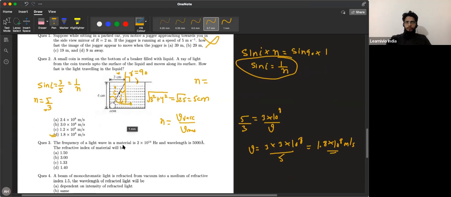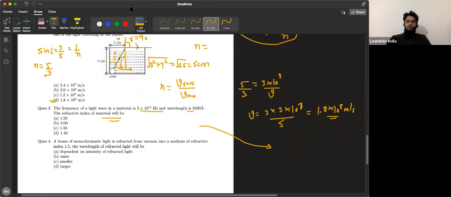See the next question. The frequency of light waves in a material is this and the wavelength is this. Find the refractive index of the material. I received just 2 assignments, one from Abdullah, another from Amalia. See question number 3. The light wave in a material has this frequency and this wavelength, and you need the refractive index.